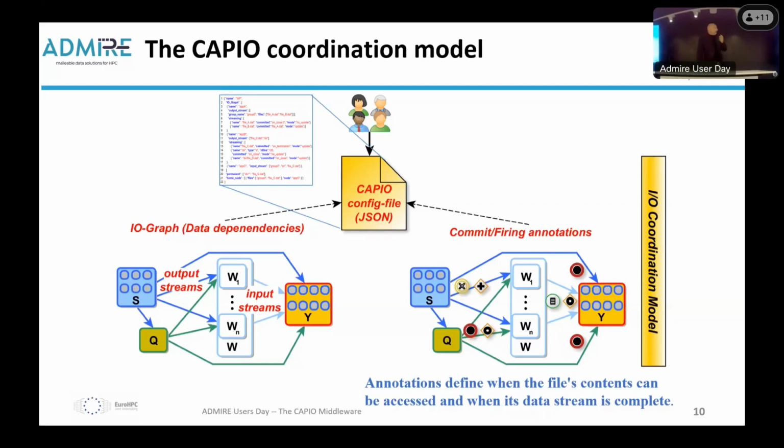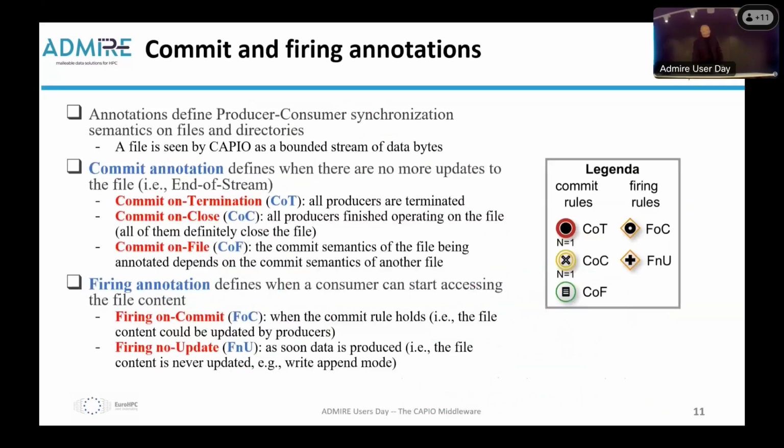So basically the annotations define temporal behaviors. I don't want to bother you too much on this, but we define a set of commit annotations and filing annotations. First, commit, what does it mean?